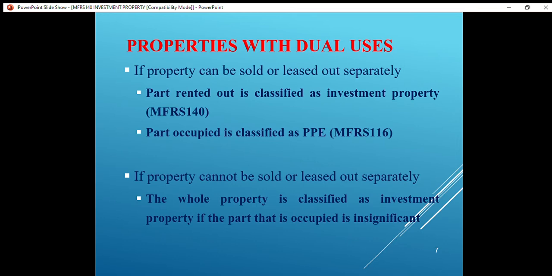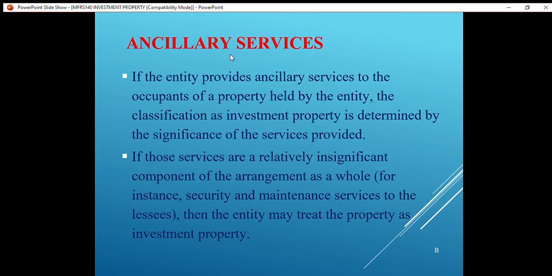Alright. Next let's move on to ancillary services. What is meant by ancillary services? Ancillary services here means support services, such as security and maintenance services, utility services. If the entity provides ancillary services to the occupants of a property held by the entity, the classification as investment property is determined by the significance of the services provided.